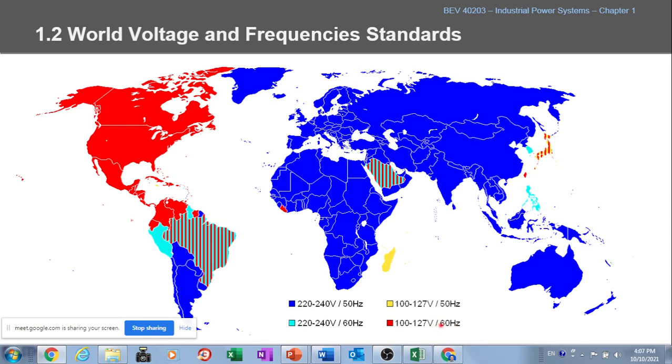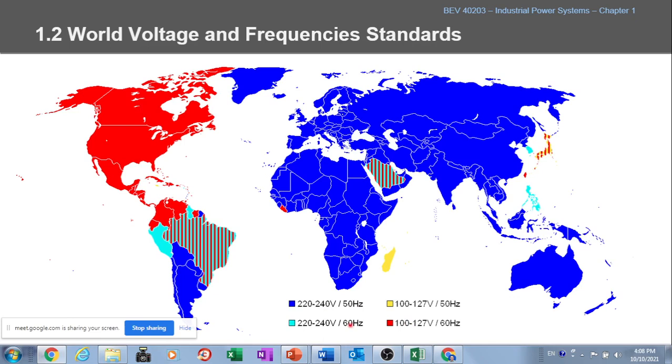That is just a small area compared to 50 hertz. So most countries in the world practice 50 hertz and 220 to 240 volts.